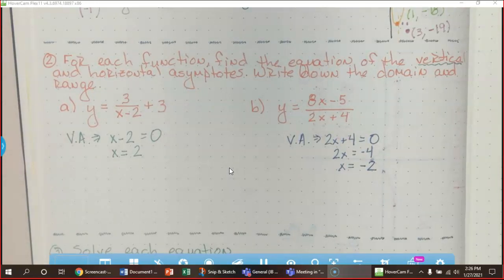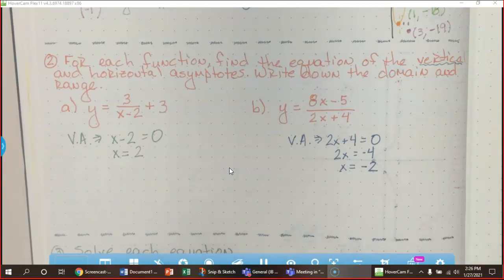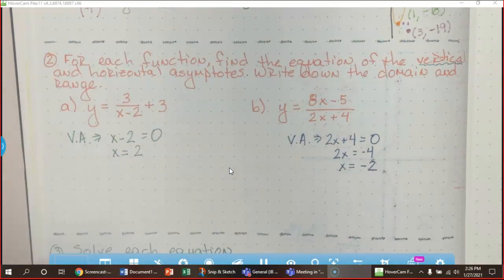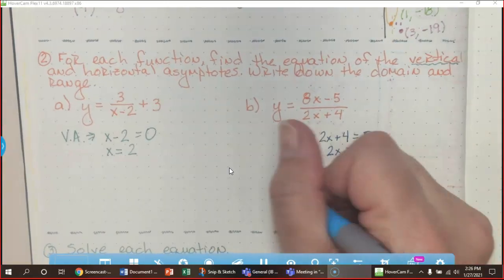Now how do I find a horizontal asymptote? Isn't it like you have to find the same, like for b, for instance, it would be 8x over 2x, or like 8 over 2? Yes! So looking at b, that one's a little bit better to find the HA, right?